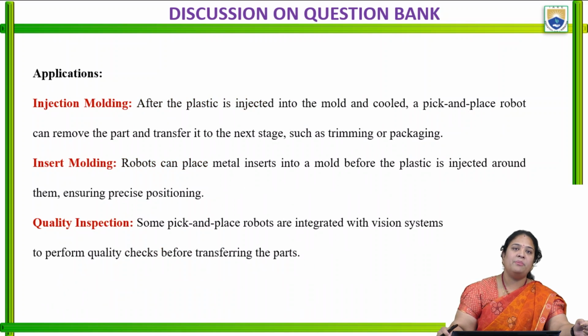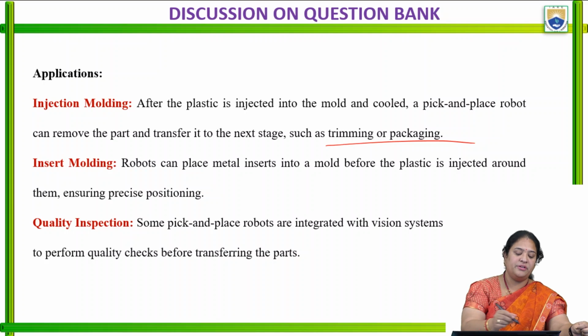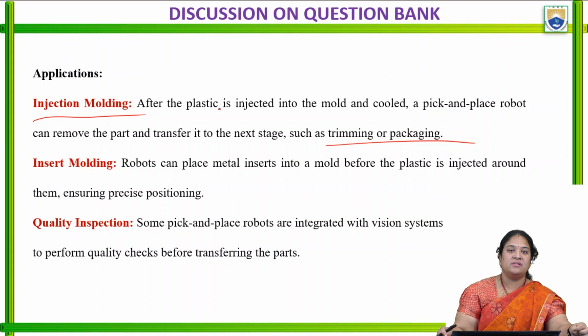Here is what happens in injection molding. After the plastic is injected into the mold and cooled, a pick and place robot can remove the part and transfer it to the next stage, such as trimming or packing. When we come across trimming or packing operations, injection molding is the best example.